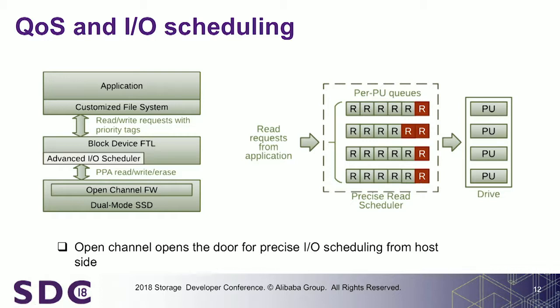Here we just use read commands as an example, but a similar idea can be extended to writes. With those different priorities, the FTL can reorder the commands in the queues at the driver level, and then we can achieve better latency and better control of the I/O for those critical, high priority read commands.